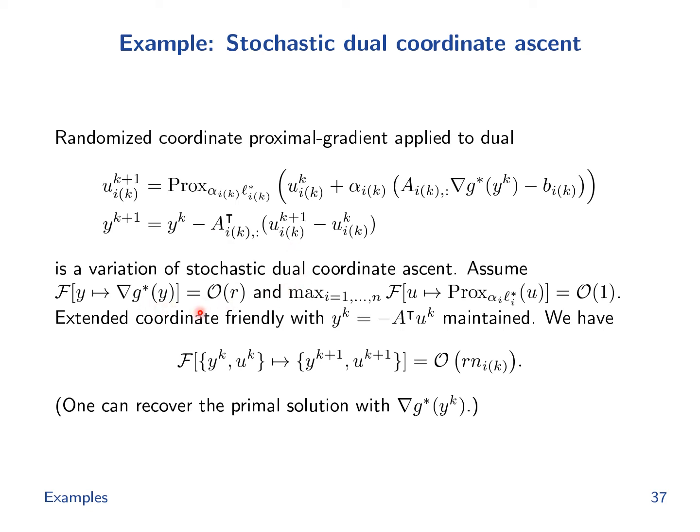If the gradient costs O(r) and every prox costs O(1), then the dominating parts are the matrix vector multiplications. With y_k maintained in memory, this update operator is extended coordinate friendly, and this RCFPI iteration is computationally efficient. Finally, we can recover the primal solution x from grad g star.